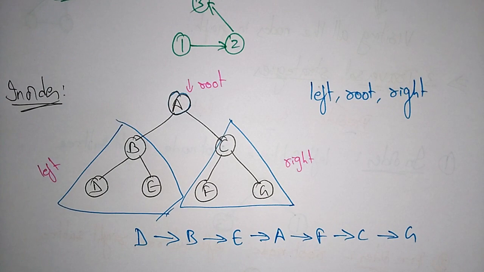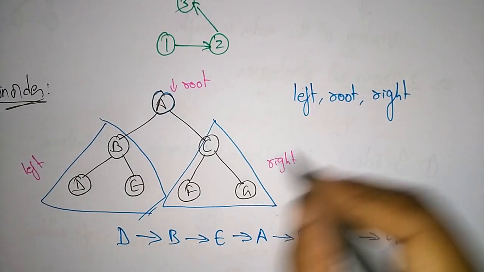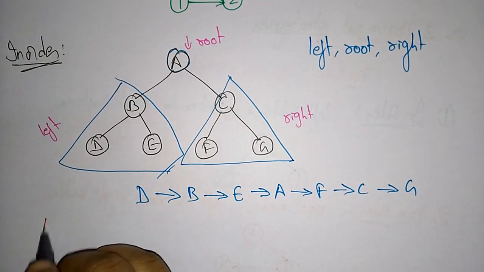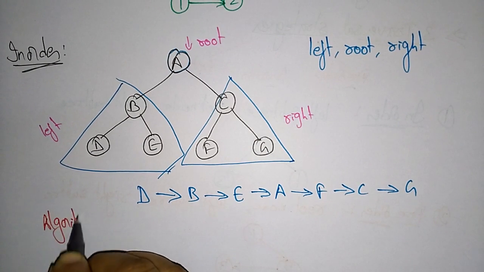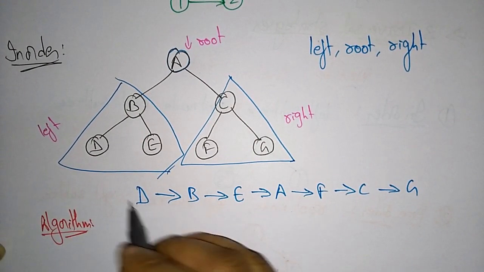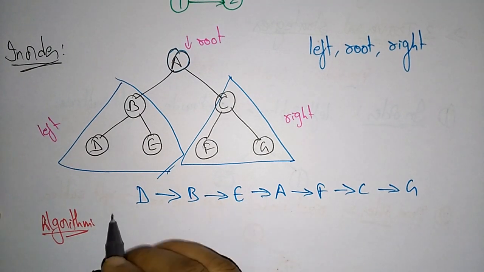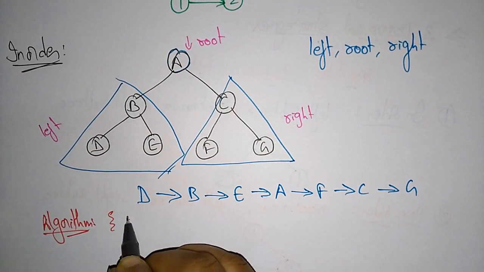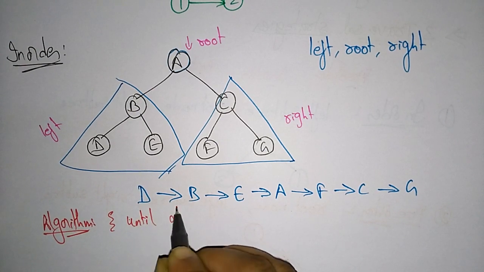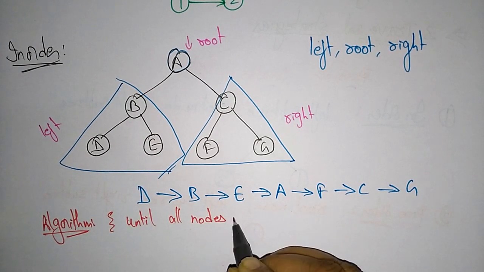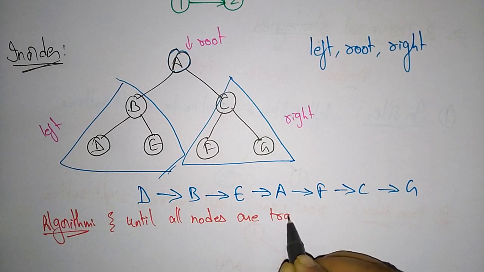Then what is the algorithm for this? Let me write the algorithm for this Inorder. Until all nodes are traversed, you have to repeat the steps. So for every algorithm you have to note that, until all nodes are traversed.